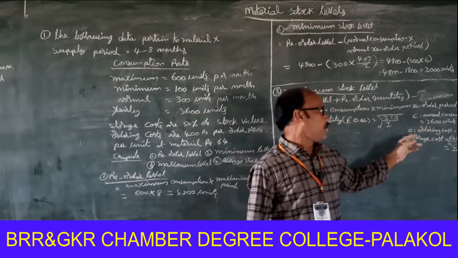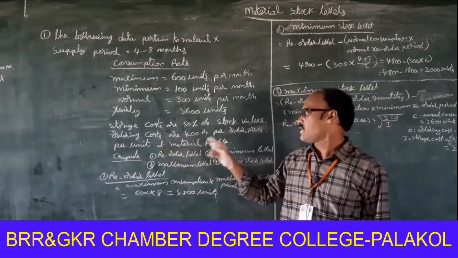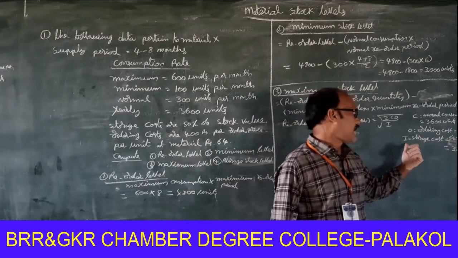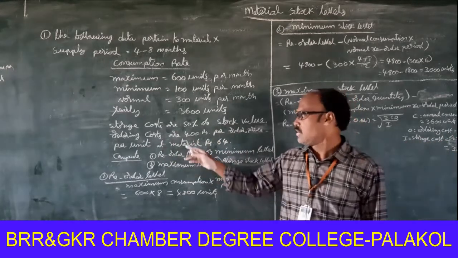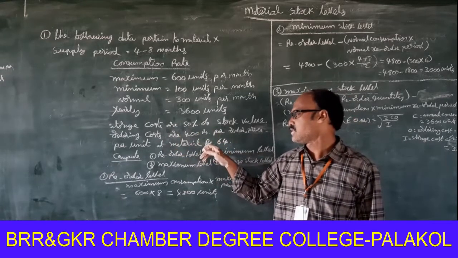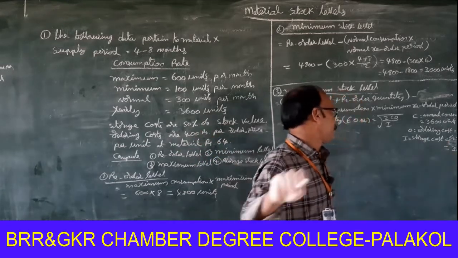O is equal to ordering cost, 400. I is equal to storage cost, or 50% of unit cost. So 64 into 50 by 100, that is equal to 32.